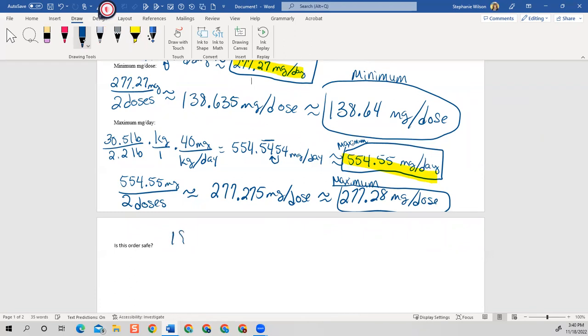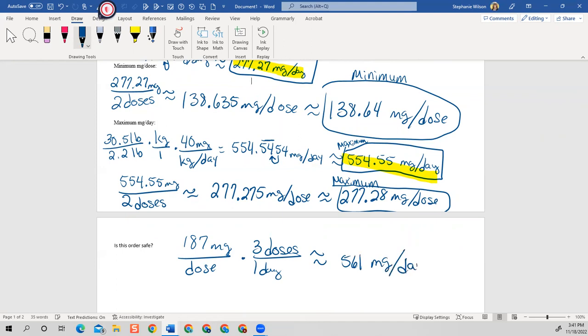The order is 187 milligrams per dose, and they're going to take 3 doses in one day. 187 times 3 gives me 561 milligrams per day. That's the order.